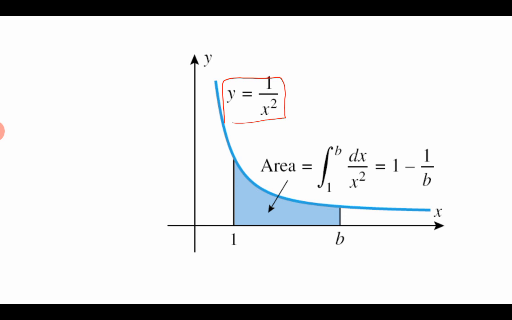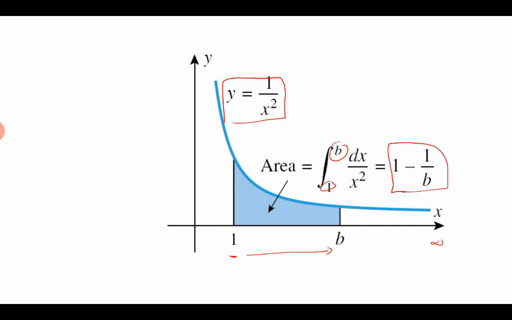Now, some graphs have been given for the function y equal to 1 over x squared, and you are integrating from 1 to infinity. When you integrate from 1 to infinity, what we are actually doing is integrating from 1 to b. You get a finite answer, 1 minus 1 over b, for the definite integral.